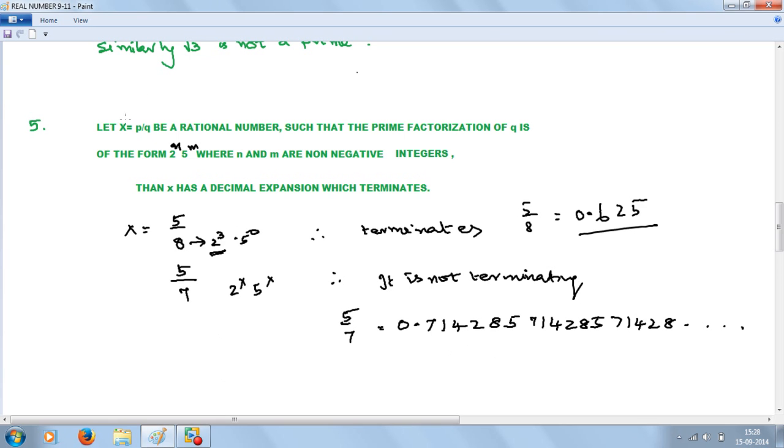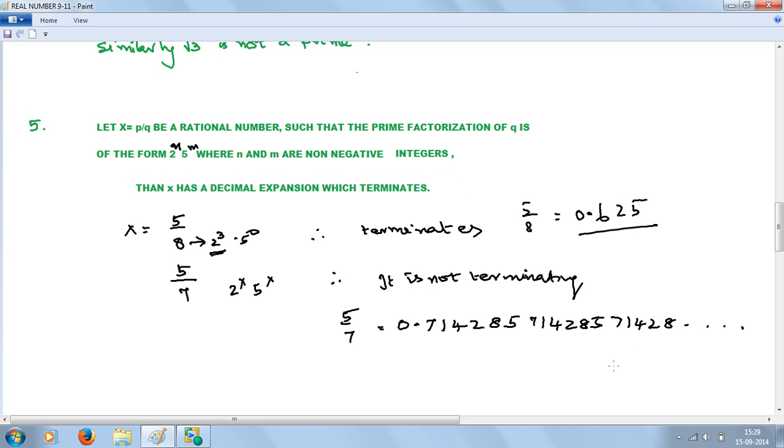So what the theorem says: if x is equal to p by q is a rational number such that the prime factorization of q is of the form 2 to the power n multiplied by 5 to the power m, where n and m are non-negative integers, it can be 0 or any positive integer, then x has a decimal expansion which terminates.